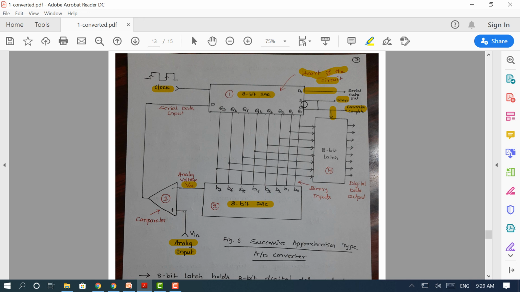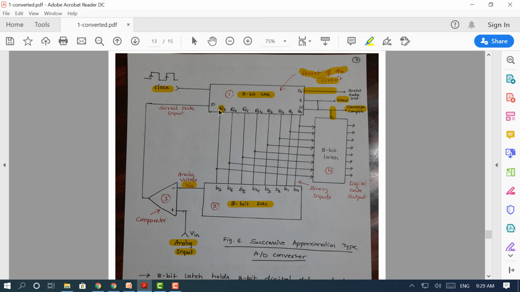Once the start signal is applied, this 8-bit SAR will work based on the clock. So assume that in the first clock rising edge the start signal is applied. In the following rising edge, the SAR will set Q7 as 1 and the remaining bits Q6, Q5, Q4, Q3, Q2, Q1, Q0 are set to 0.